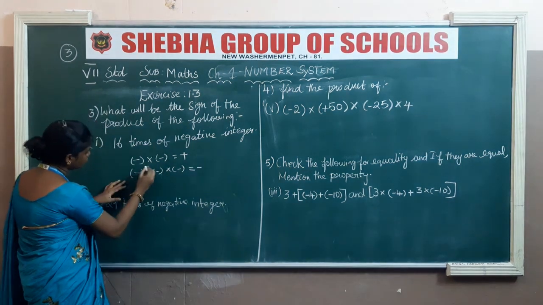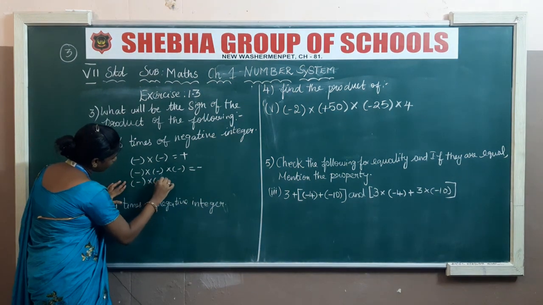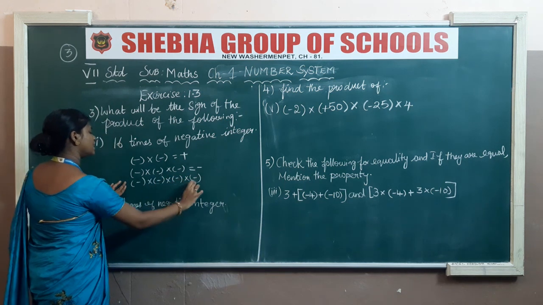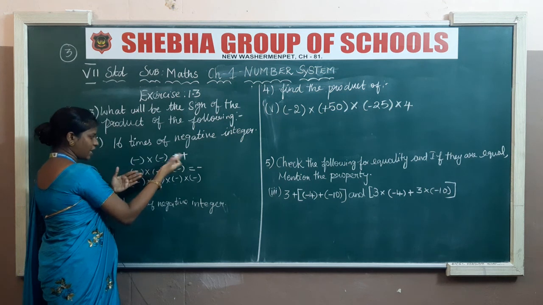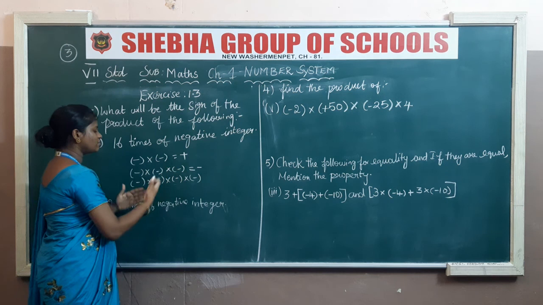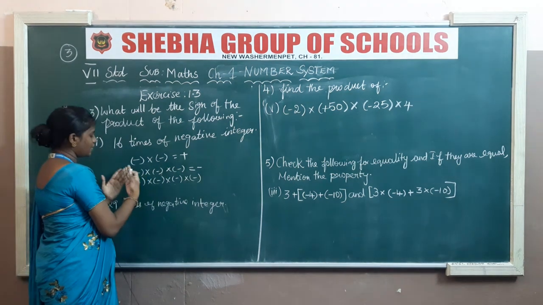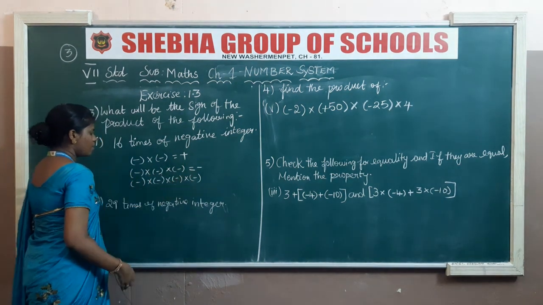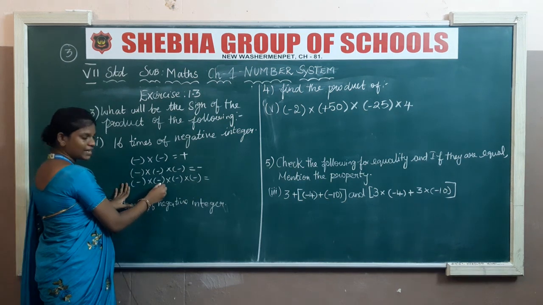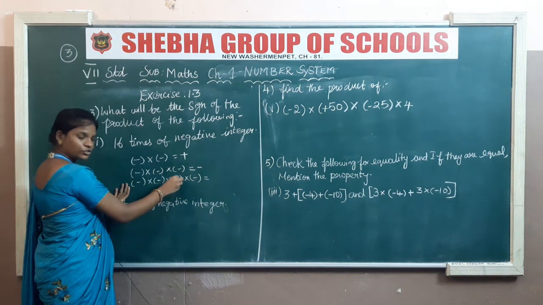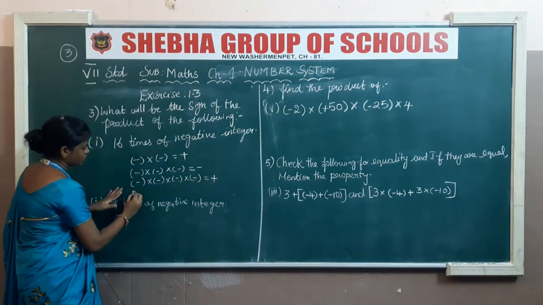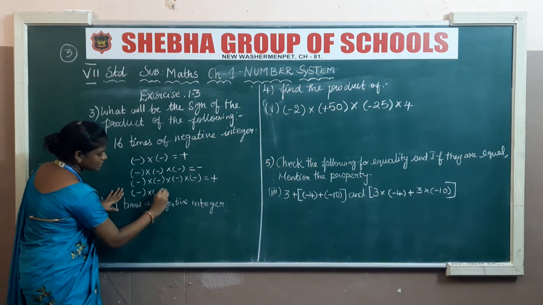Then with 4 times, the first 2 times give plus, the third time minus, and the fourth time plus. Then 5 times minus into minus.